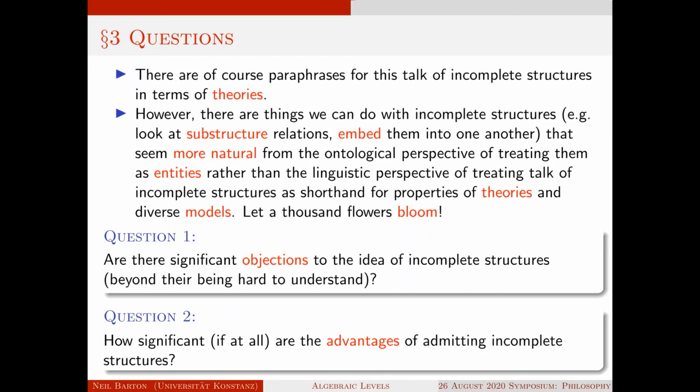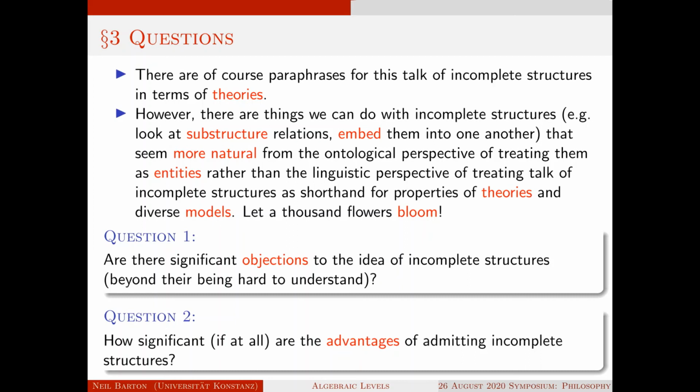So this can be paraphrased away, but perhaps the more natural paraphrase is to just admit incomplete structures. Okay, so for instance, it's more natural if you have some incomplete structures to look at substructure relations or embed them into one another without having to go through a paraphrase that depends on the theories, right?